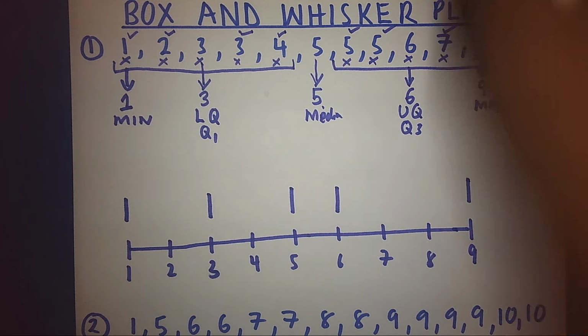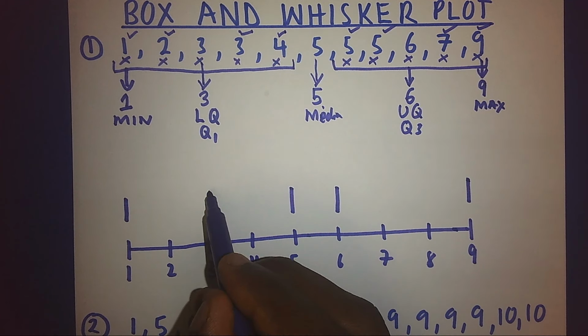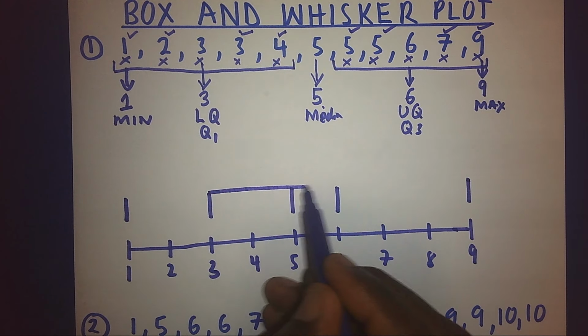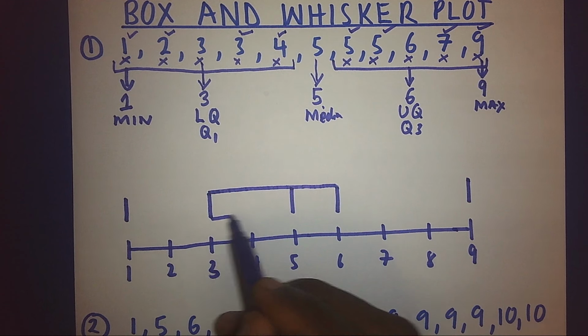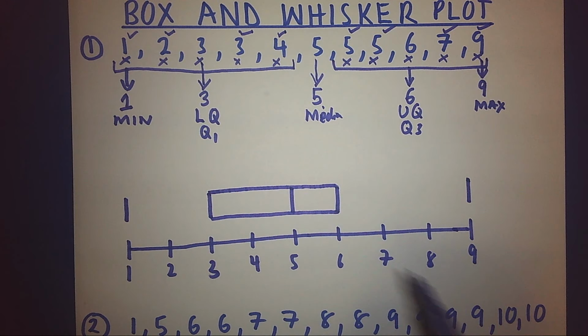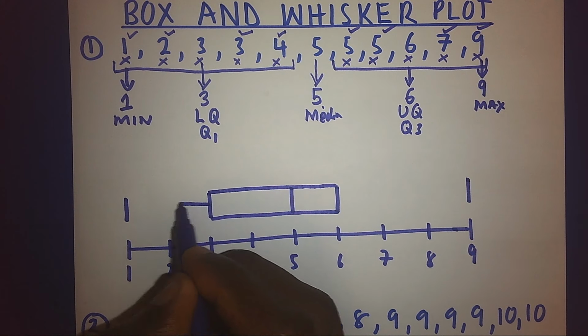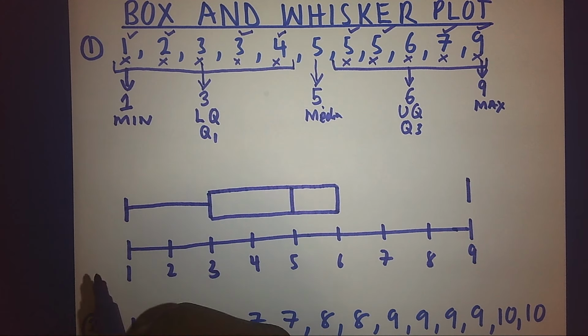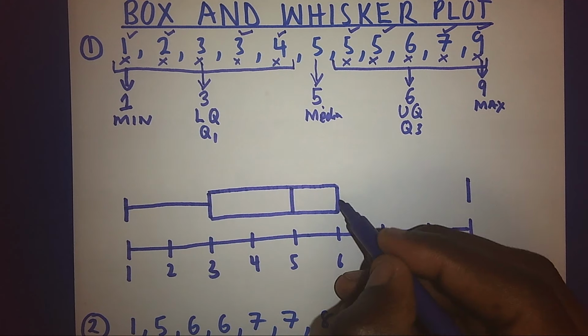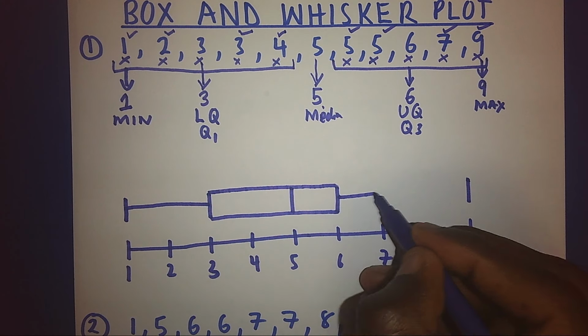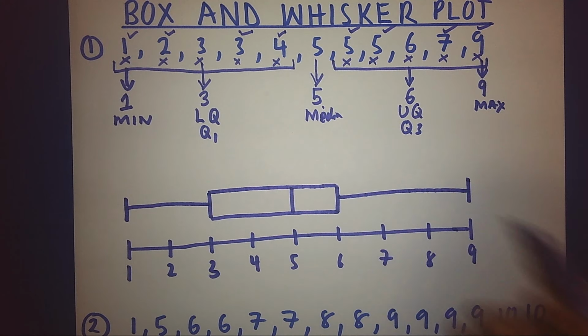But remember, the lower quartile till the upper quartile will constitute our box. And from the lower quartile till the minimum value, we shall have our whisker. And the same way, from the upper quartile till our maximum value, we shall have our other whisker.